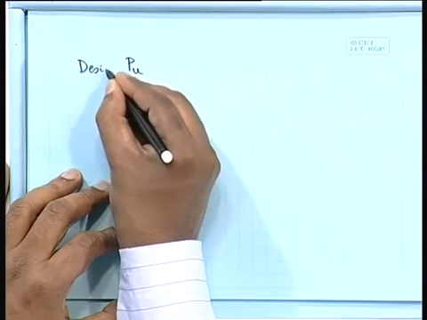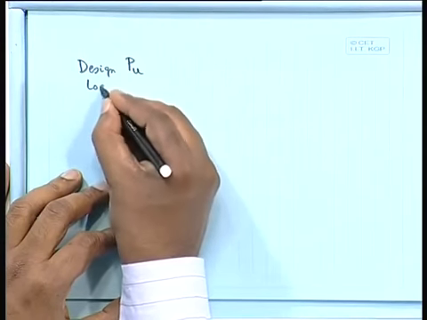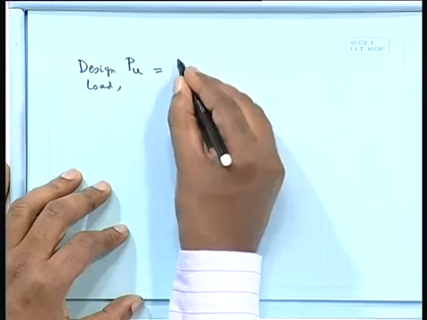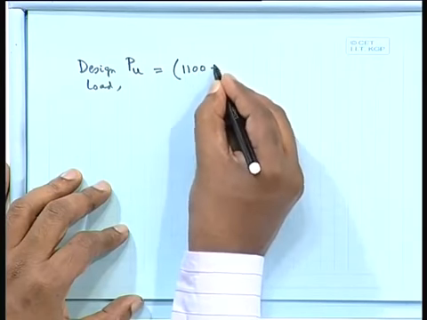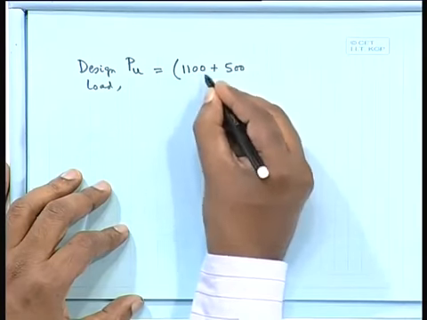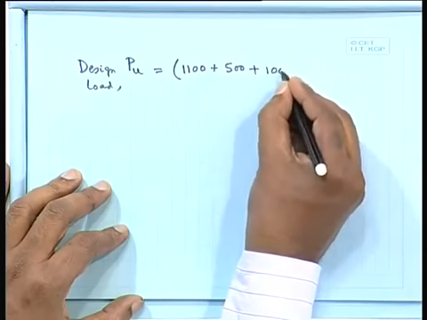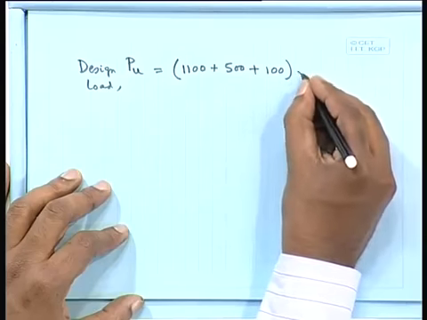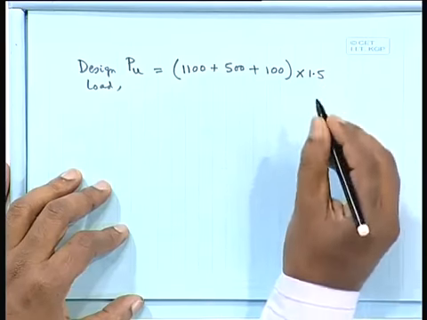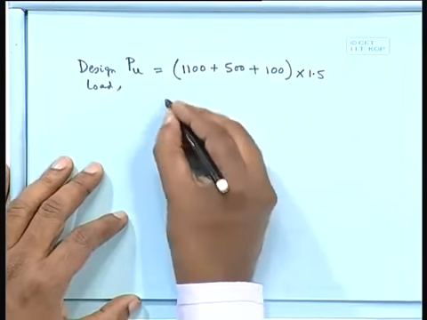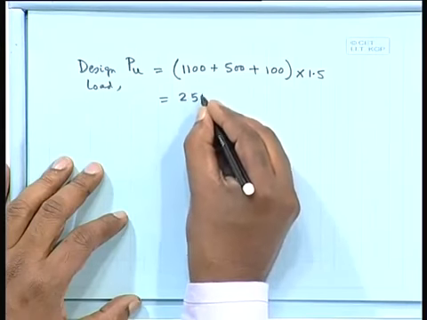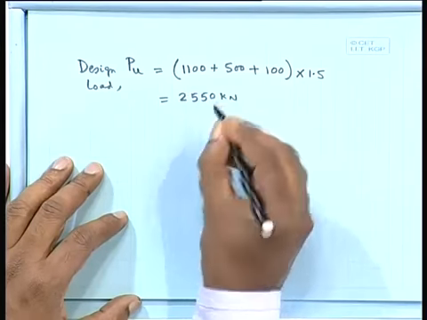What about PU, the design load? It is (1100 dead load plus 500 live load) plus self weight, times 1.5, equals 2550 kilonewton.